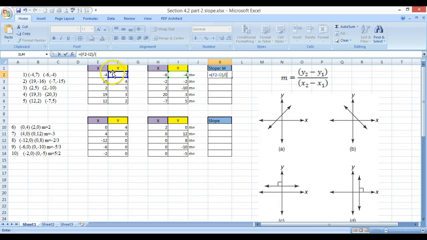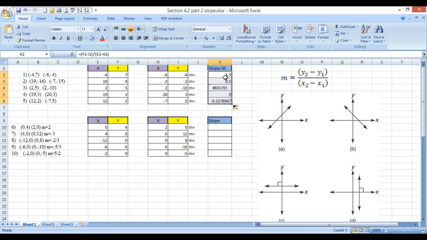So I picked this y first, so I'm going to pick this x and pick the second x for the second one, close parenthesis, press enter, and there's my slope. All right, and because I've done some cell references, I'm just going to click and drag, and there's my slope for all of them from 1 to 5. So that was kind of a sneaky way of doing this.